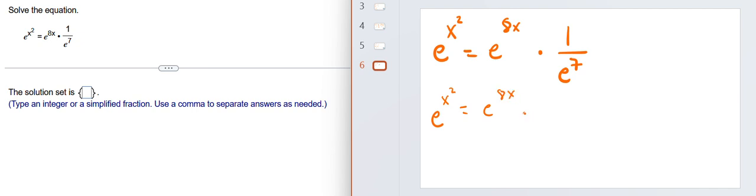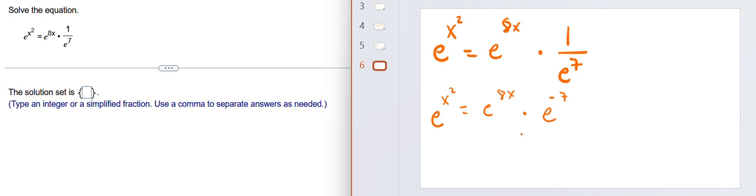And this is multiplication, let's not forget that. So now I have e to the negative 7, because since I moved it from the denominator to the numerator, now I need to show that in my exponent.